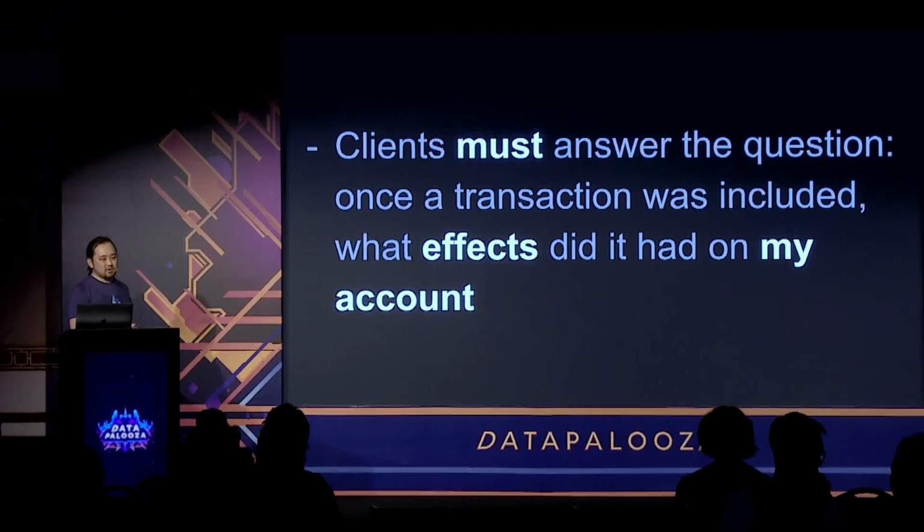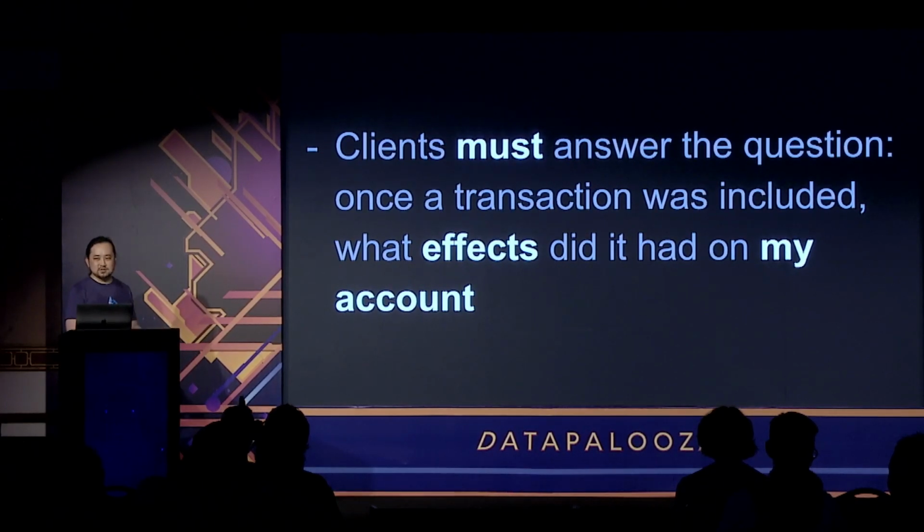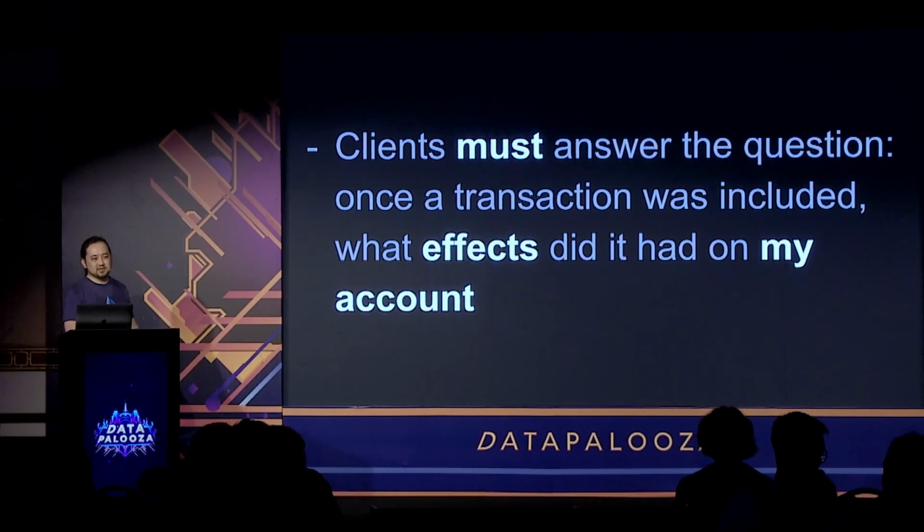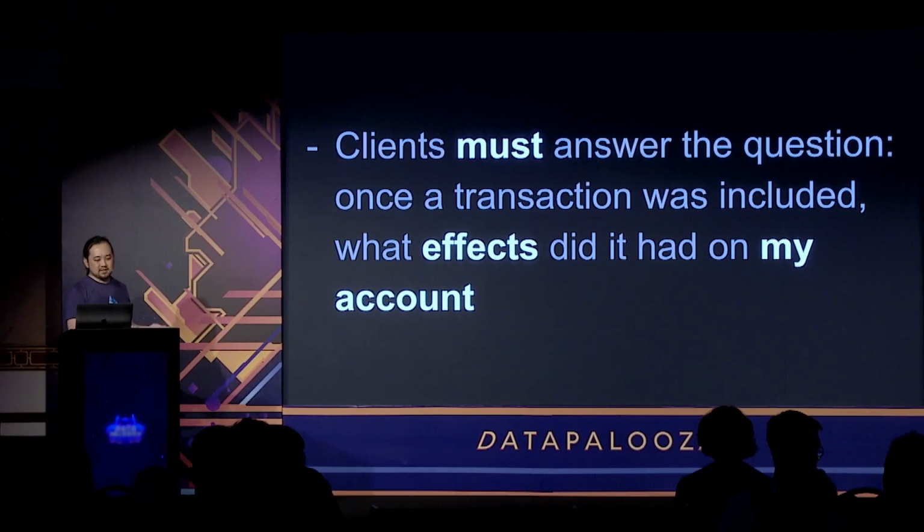Another example of a question we think clients should answer is, let's say you broadcast your transaction to the network, this transaction is included inside a block, and which effects did it have on my account? Not just whether the transaction executed or not. Did they receive more tokens?